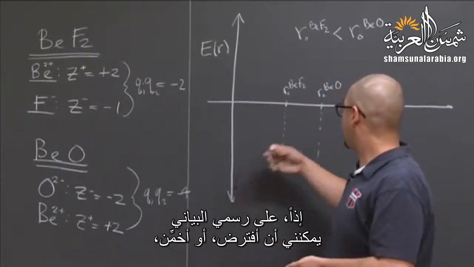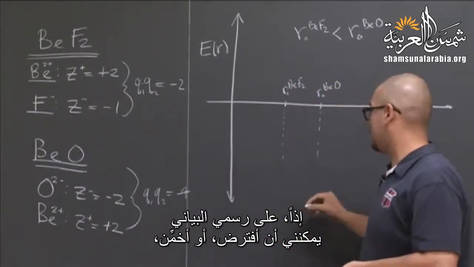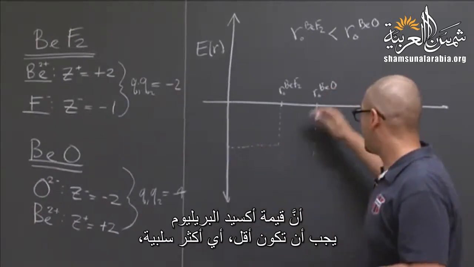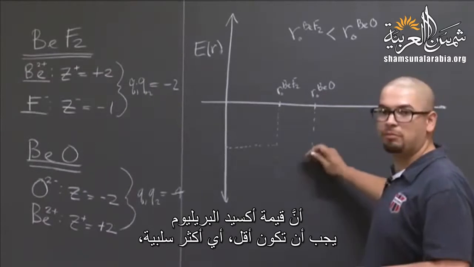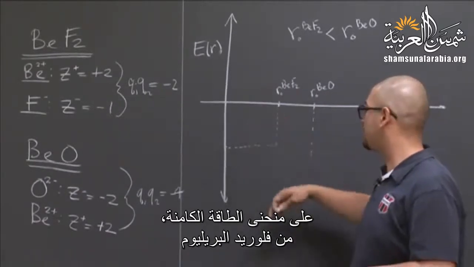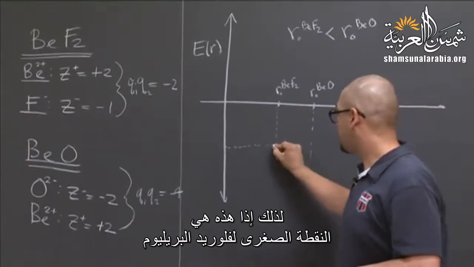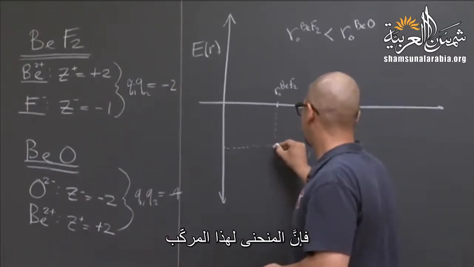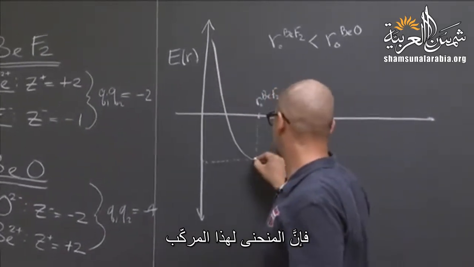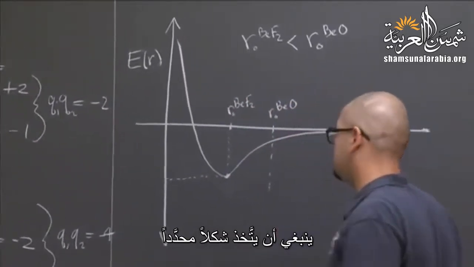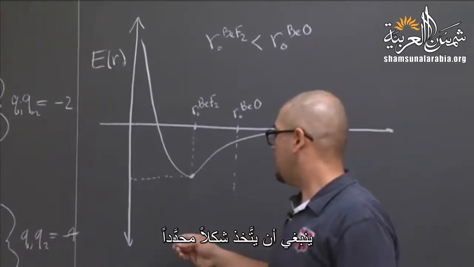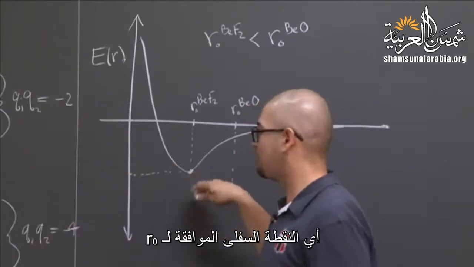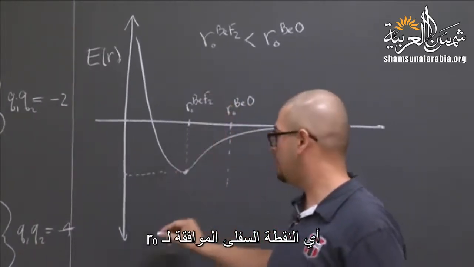So on my graph, I can guess that the value for beryllium oxide should sit lower, more negative on the potential curve than beryllium fluoride. So if I designate this as the low point for my beryllium fluoride, then my curve for that particular compound should take a certain shape. And again, this is your energy, the bottom point at R naught.